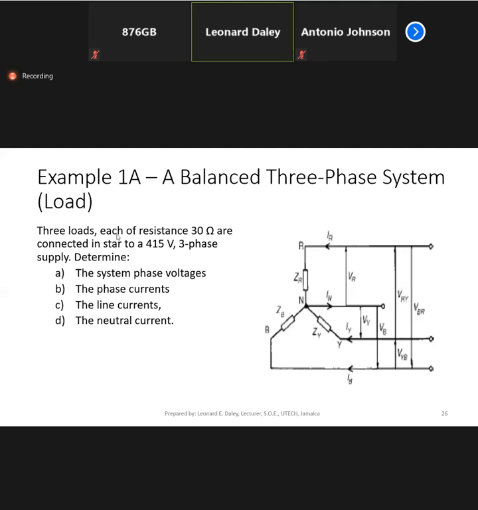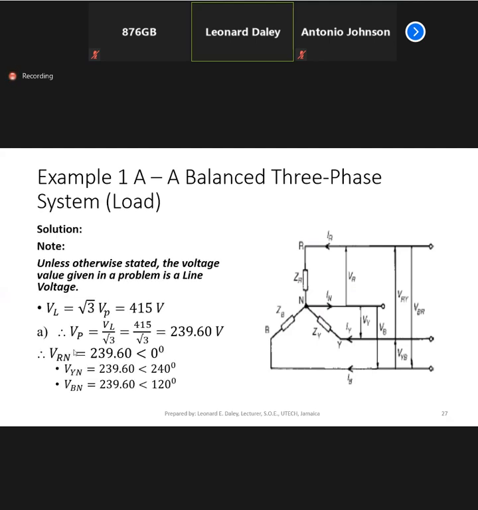Something to note. You see this value of voltage that you have in the problem? Always assume that it's a line voltage unless you are told otherwise. So this is the voltage between any two lines. Unless otherwise stated, the voltage value given in a problem is a line voltage.